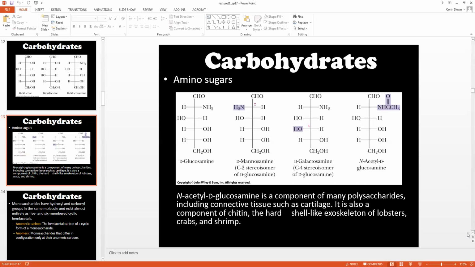D-galactosamine is the C4 stereoisomer of D-glucosamine, and N-acetyl D-glucosamine is where the acetyl group is this carbonyl and then CH3 that's attached to the amine. N-acetyl D-glucosamine is a component of many polysaccharides, including connective tissue like cartilage. We also see it as a component of chitin. This is the hard shell-like exoskeleton of lobsters, crabs, and shrimp.